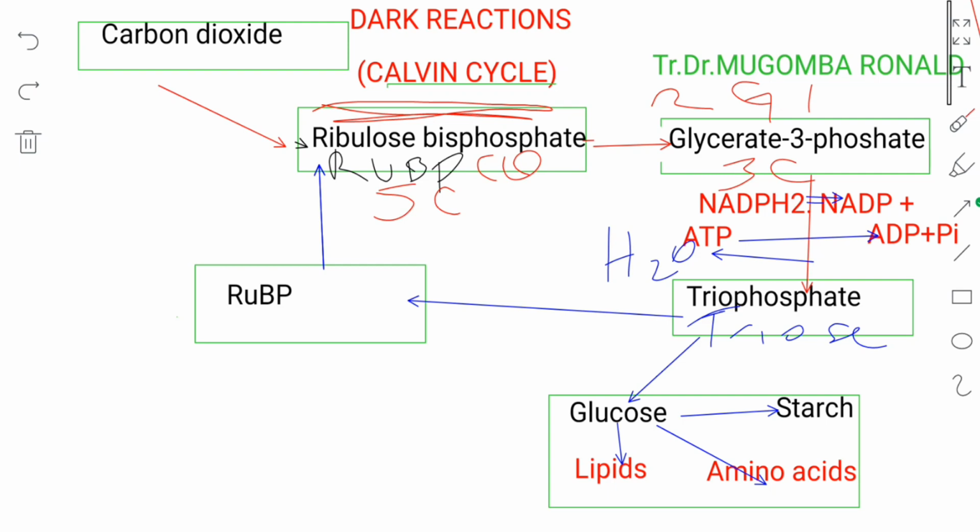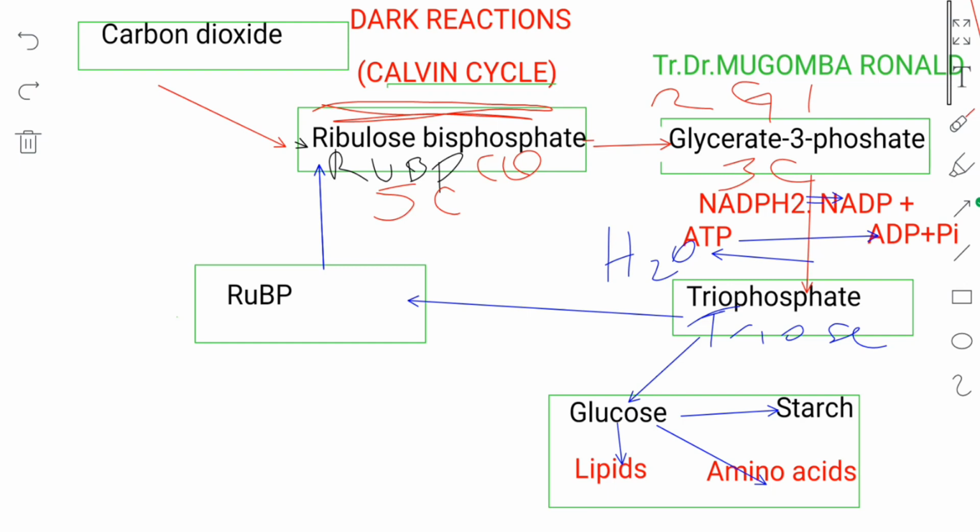Glycerate 3-phosphate then undergoes reduction, where we see the products from the light-dependent reactions, reduced NADP and ATP, being used. Reduced NADP is converted to oxidized NADP, and ATP is converted to ADP and an inorganic phosphate, producing triose phosphate.